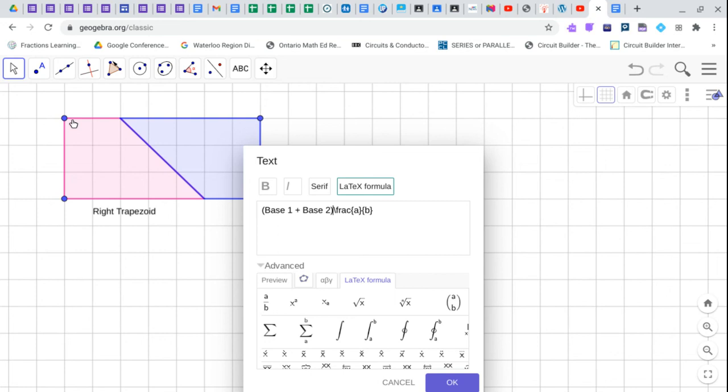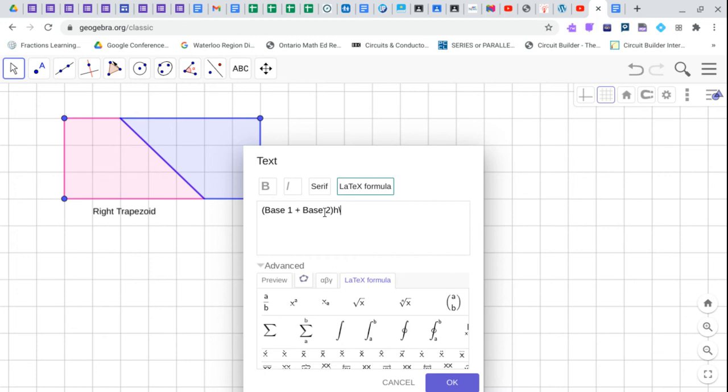Now I need to multiply by the height or the width, which I'll just show as h. Now I could write times height, of course, but if we're going to stay with our algebra, I don't need that multiplication symbol because a variable, in this case h, directly beside a bracket does mean multiply.